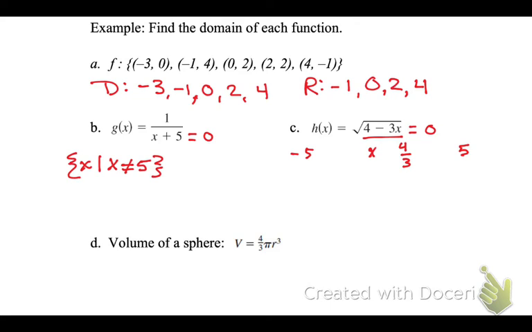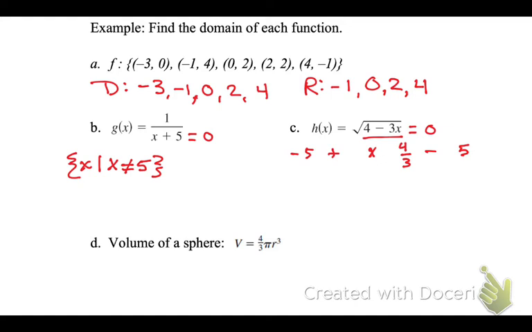Okay? So if I plug -5 in here, I have a negative times a negative, which is a positive. Positive plus a positive is always going to be a positive. So it's going to be positive over here. If I plug in 5, I'm going to get a positive times a negative and get a negative. And -15 plus 4 is still negative.